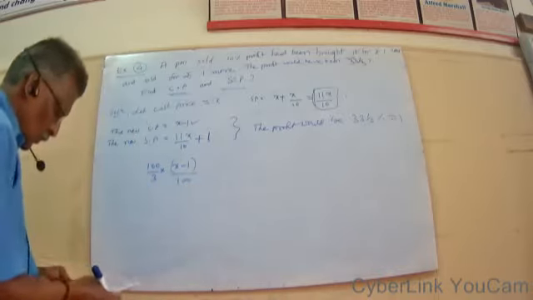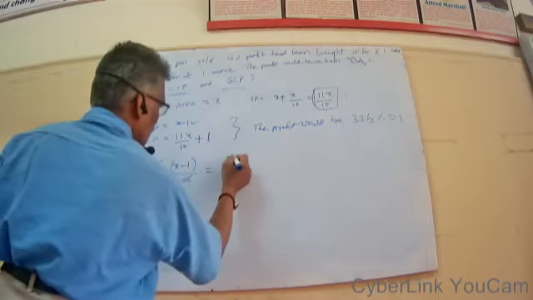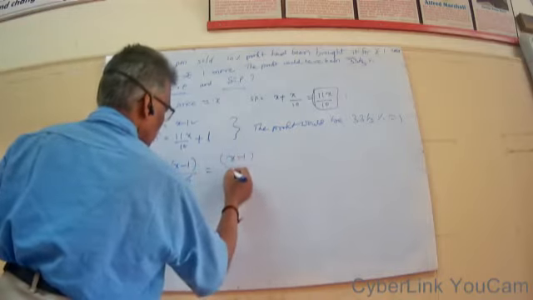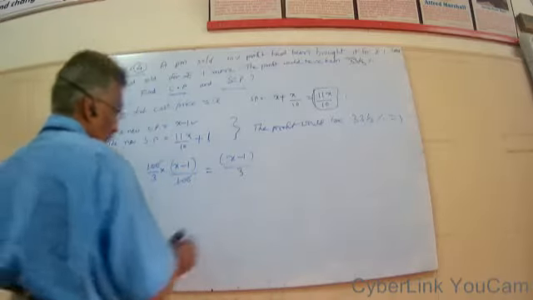The 100 cancels, so the profit is x minus 1 divided by 3.